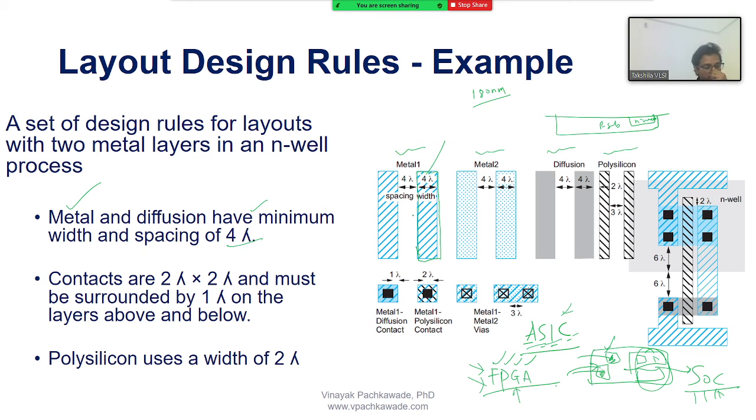Yeah, try. I am using 180 nanometer and I draw the width as 4 lambda. So what is the actual dimension of this metal layer?